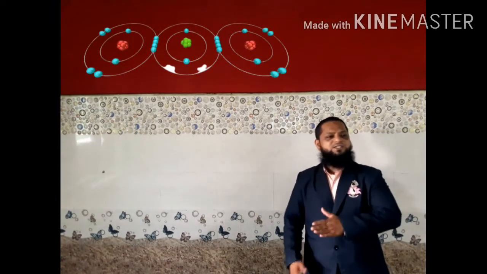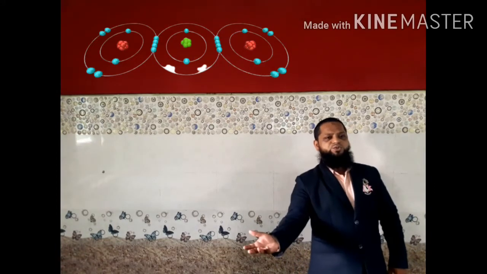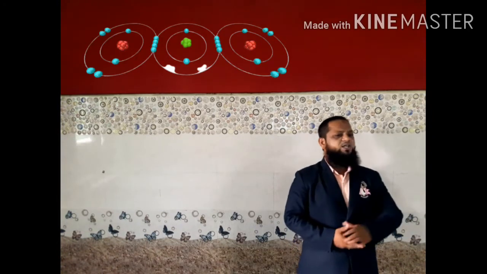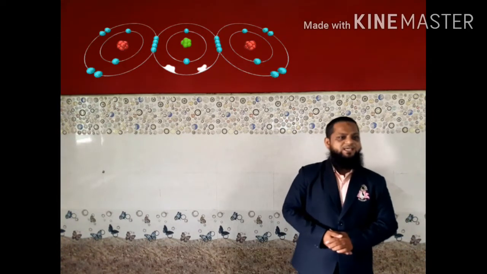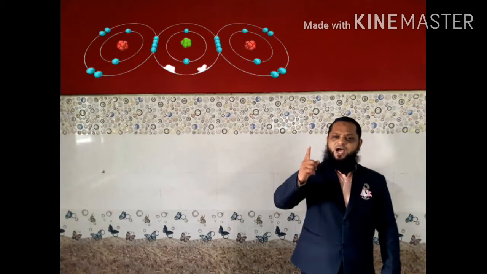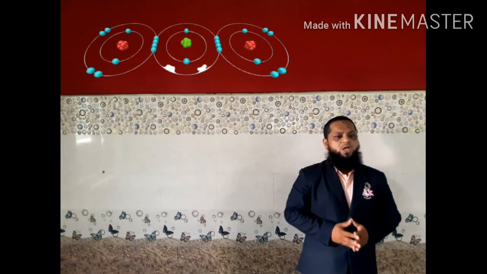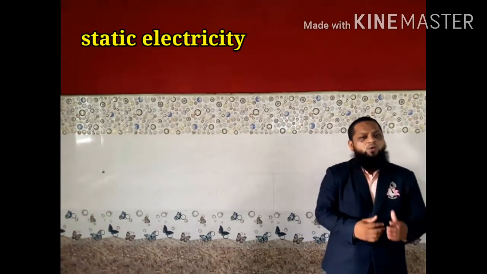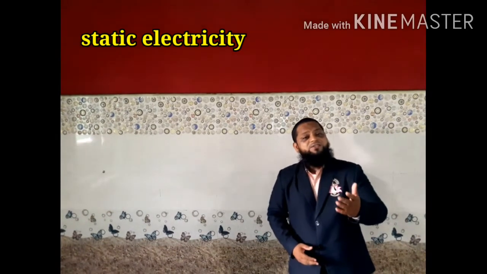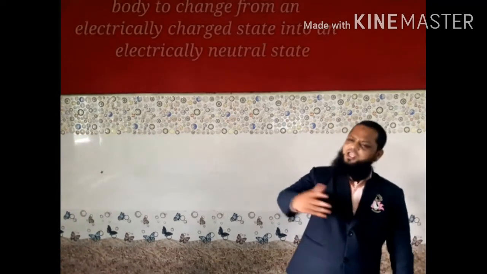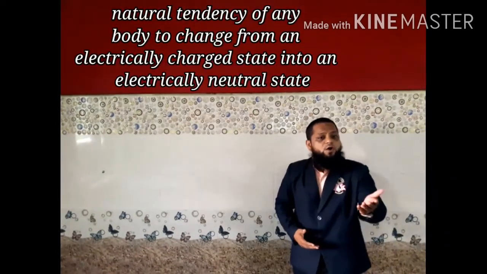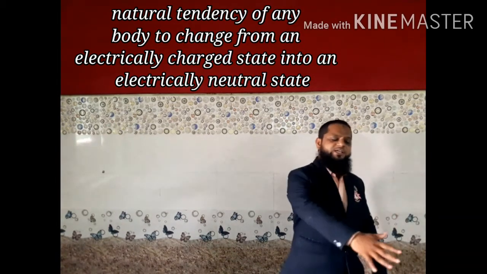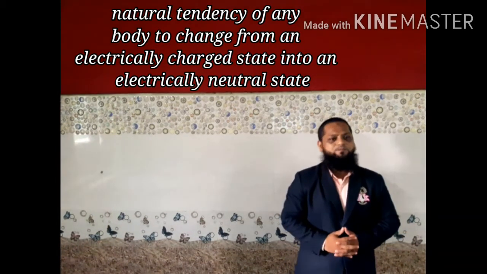The force of attraction between one positive charge on a cation and one negative charge on an anion makes one ionic bond. While studying static electricity, we have learned that there is a natural tendency of any body to change from an electrically charged state into an electrically neutral state.